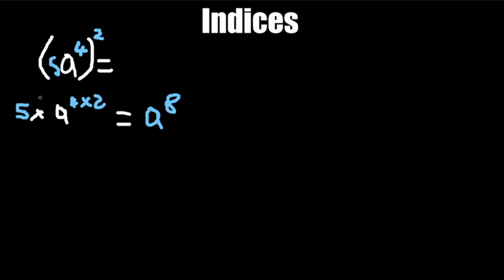We have to do the same thing for the 5. So it's going to be 5 to the second power, which we should know is 25. So the answer to this should be 25a to the 8th.